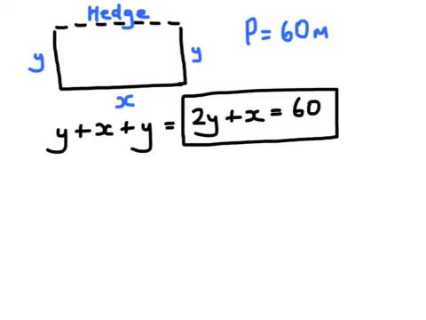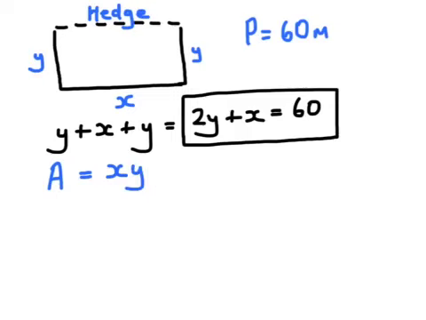Now, we're asked to find the values of x and y that give a maximum area. In order to get the area of the field in the diagram, we must multiply the length of the field by the width. So, in order to get an expression for the area, which I'm going to call A, I multiply x times y.